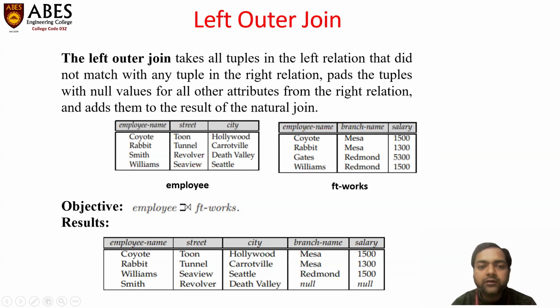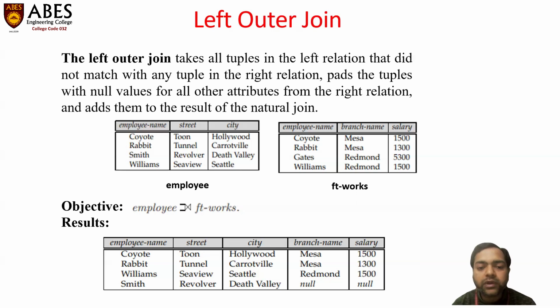It means that when we apply the left outer join onto two different relations, you can consider that first of all we apply natural join onto it, right? After that, we check the left relation, because we have used a left outer join. So we check the left relation to see if any particular row is missing or not.